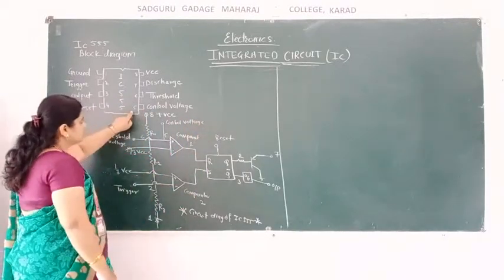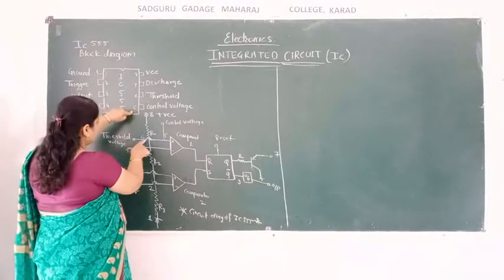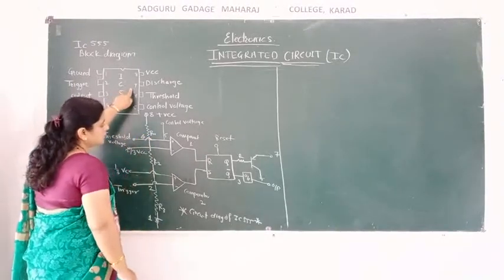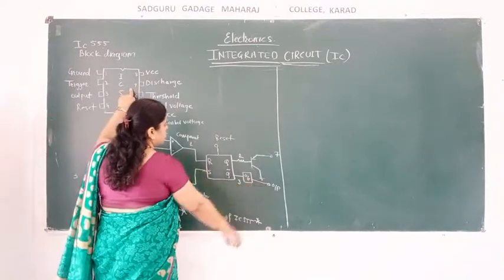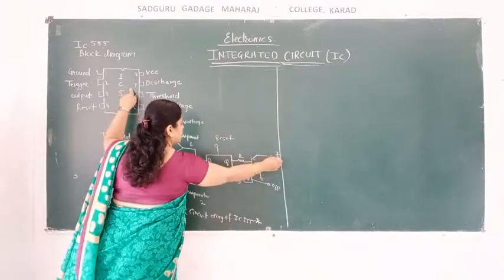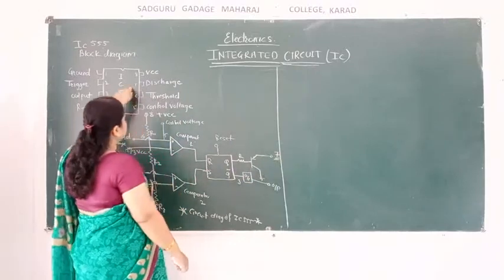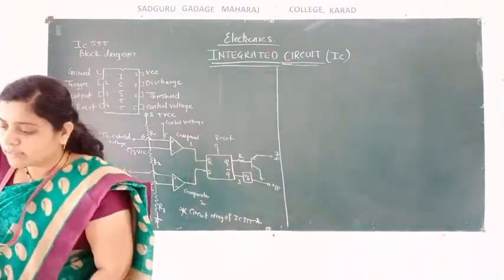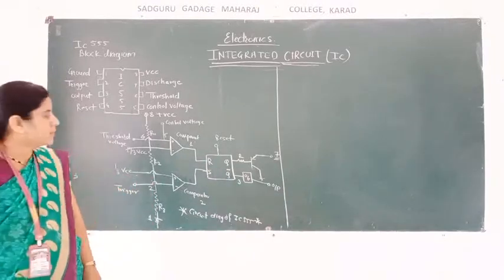Then threshold is having pin number 6. Pin number 7 is for discharge. Your pin number 7 is there for discharging the transistor, and pin number 8 is for VCC. Okay, so all these are the pins.